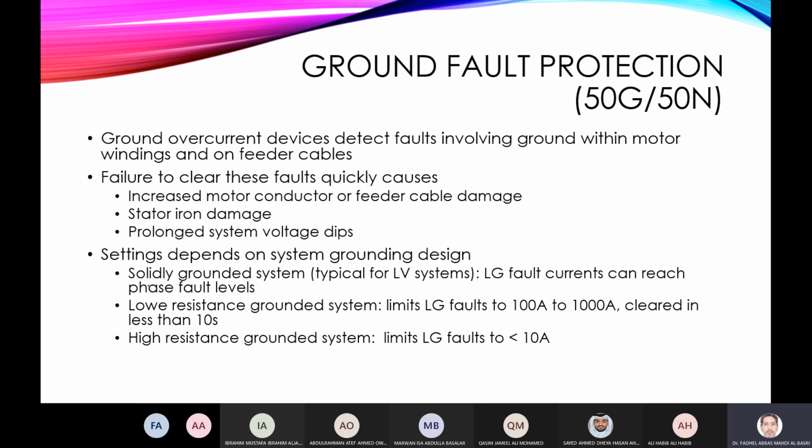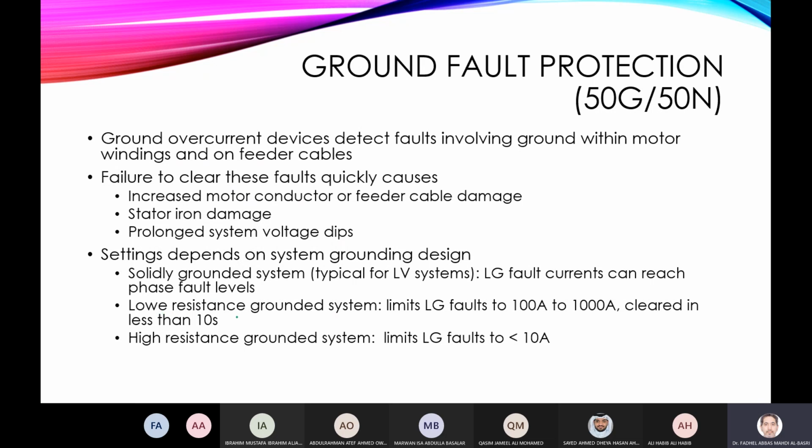There are three types of grounding systems. First, the solidly grounded systems, which are normally typical for a low voltage system. Normally ground faults can reach the phase fault levels, like high current. And now we can easily use even fuses to detect this.